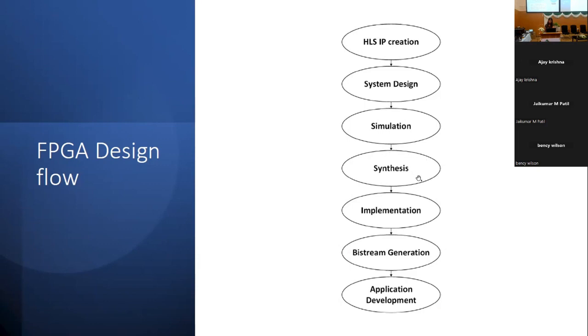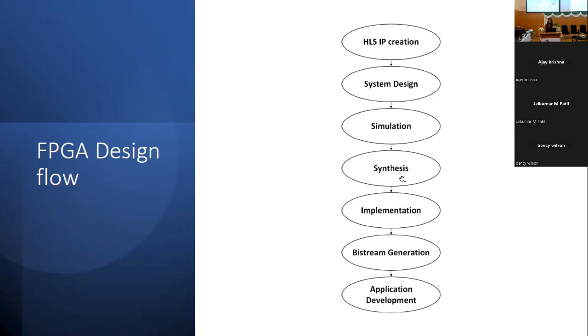Then synthesis. Synthesis will convert the simulated design to an RTL form, register transfer level. That means I get the output from synthesis as logic components, AND gates, OR gates, of what you have written in C language. If I want to see it as AND gates, OR gates, multiplexers, I get it after synthesis.